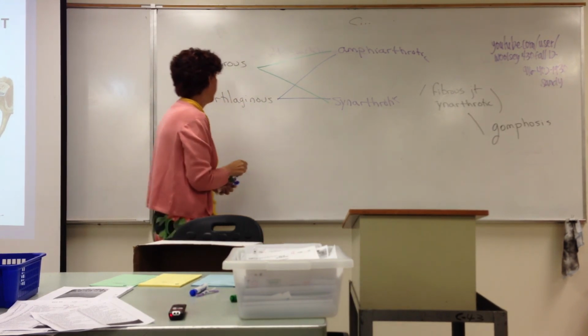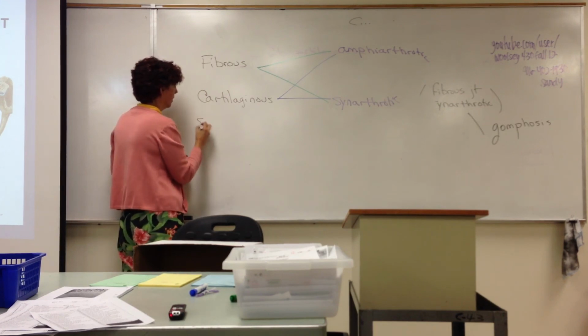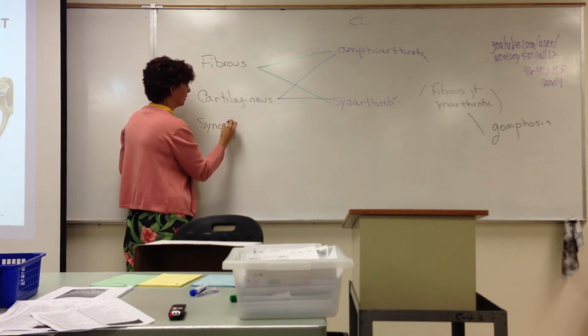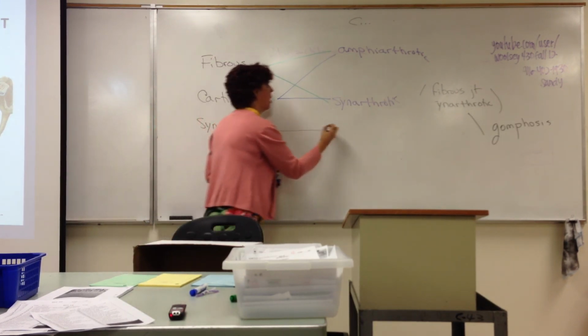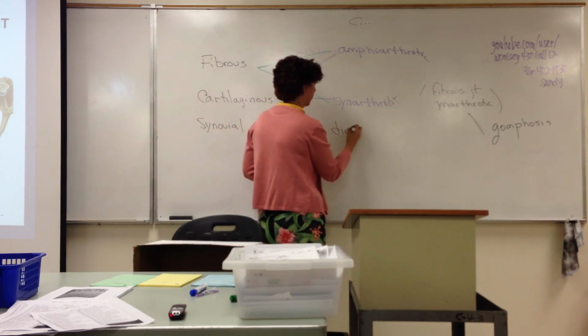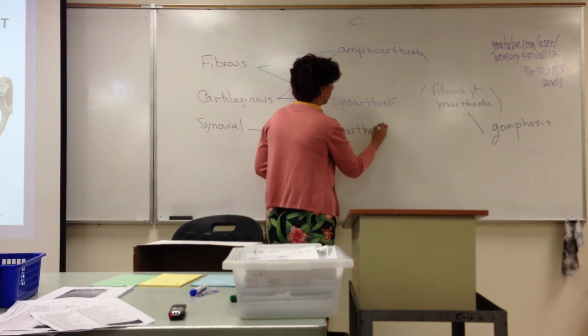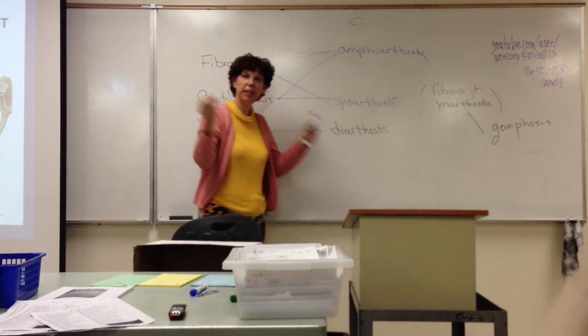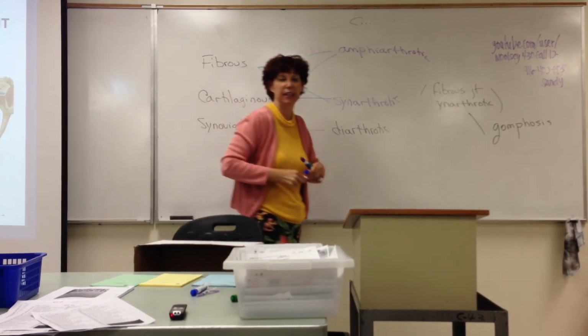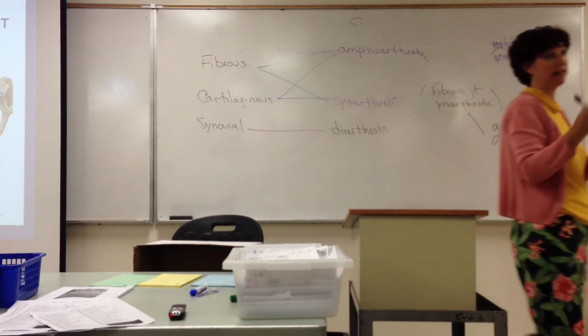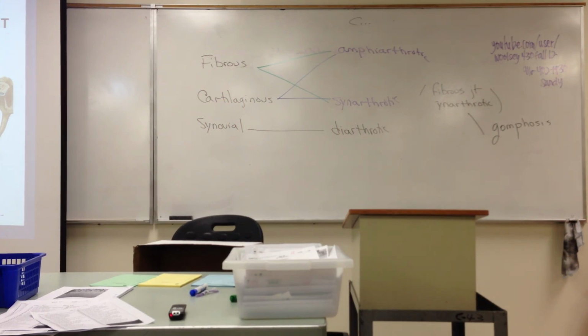Right? And then the third type, synovial, is always diarthrotic. So we'll keep reviewing this as we move through the bones and talk about the different joints associated with each of those different components.